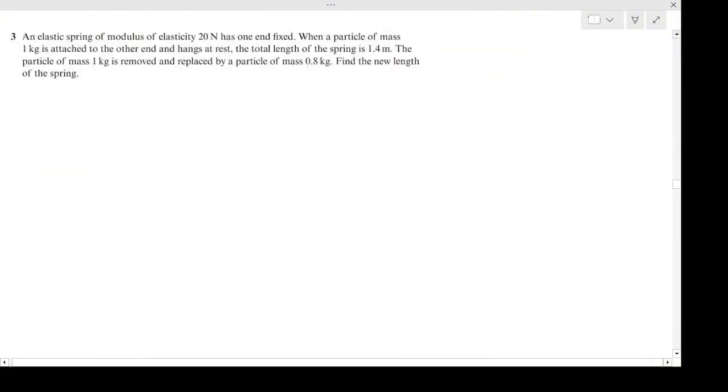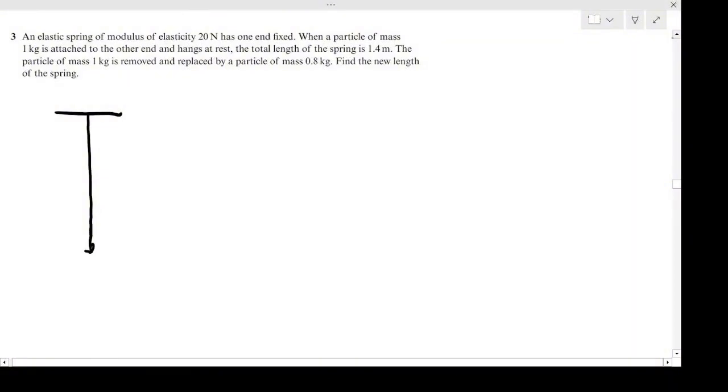We've got this question here. What's happening is there's two different situations. In the first scenario, there's going to be some sort of particle, some ball attached at the bottom of the spring. One end is fixed, so it's attached to some sort of ceiling, and my spring hangs down.